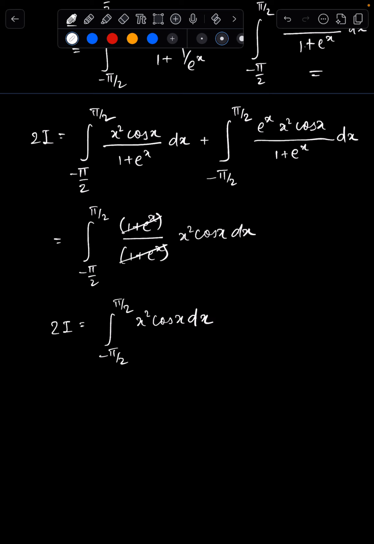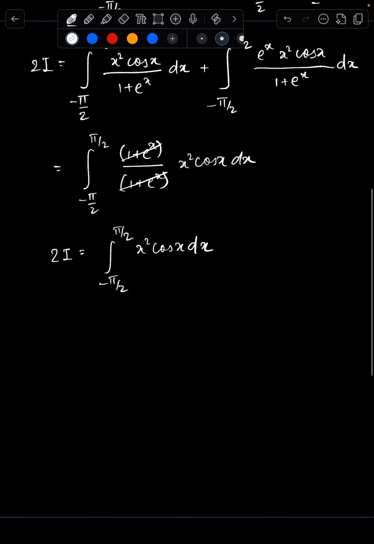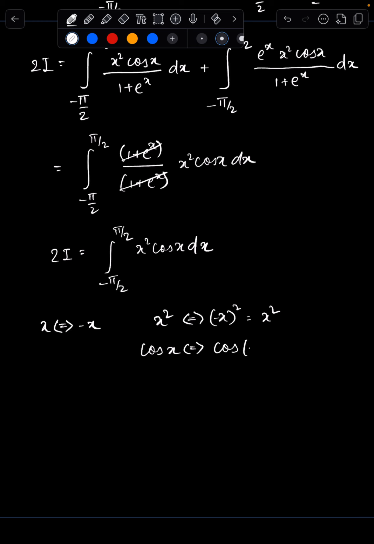Now if you observe closely, this expression is an even function. How it is an even function is that if you substitute x with minus x, you see that x square remains as x square and cos of minus x remains as cos of x.